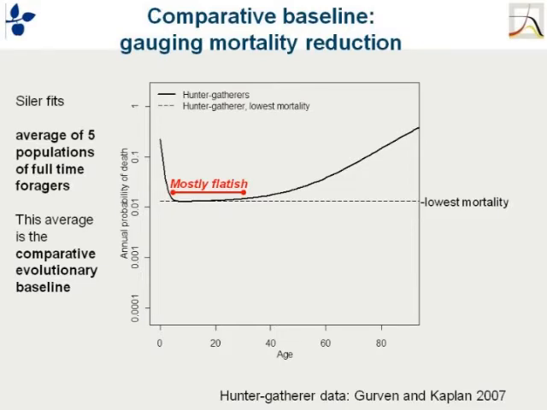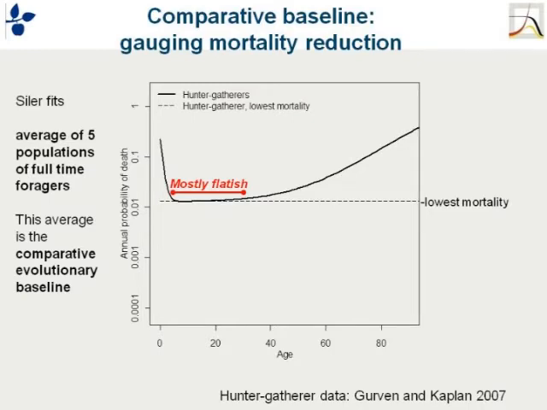It doesn't change very much between 8 or 10 and 30. For some of the hunter-gatherer tribes, the lowest point of the mortality curve is actually after 30, about 32. For other groups, it's 10, 11. But on average, it's very flat during this period from roughly 8 to 30. And then it starts going up.